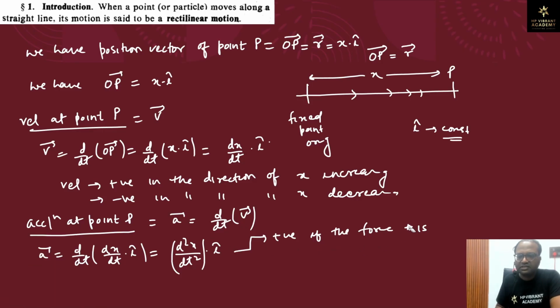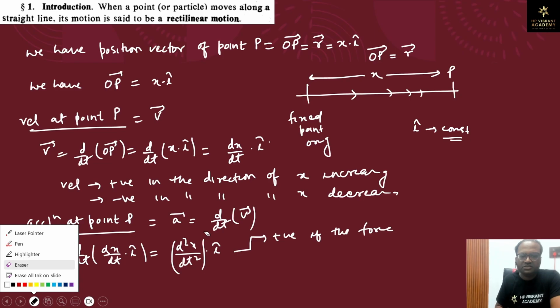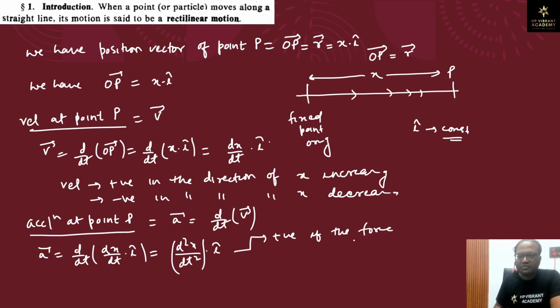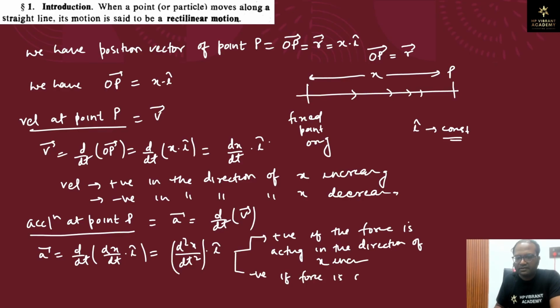So if the force is acting in the direction of x increasing, then acceleration is positive, and it is negative if the force is acting in the direction of x decreasing. Here we consider the direction of force because acceleration is due to force as per Newton's law of motion. So we have F is equal to m into a, and the direction of the acceleration is as per the direction of the force.